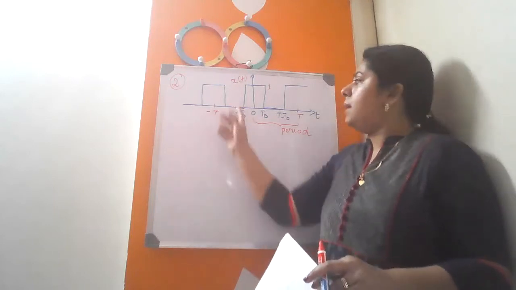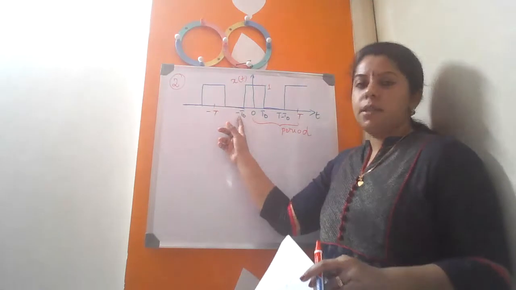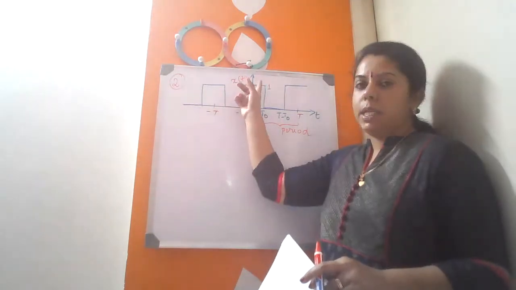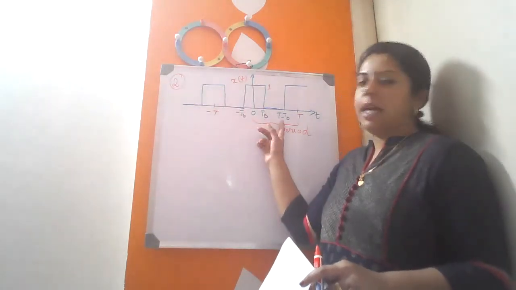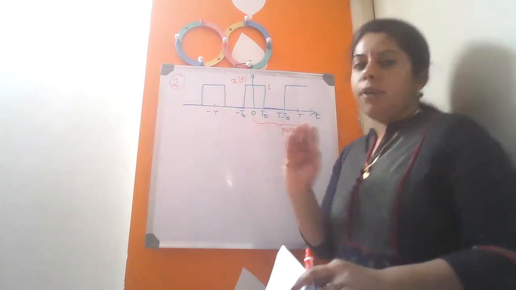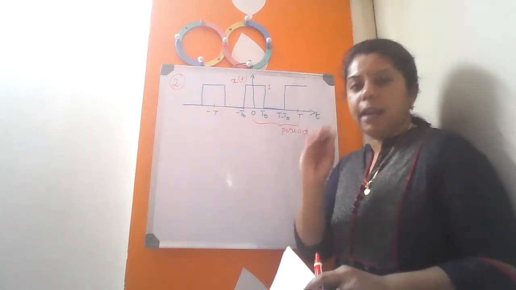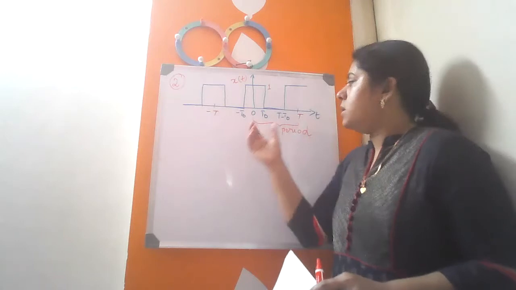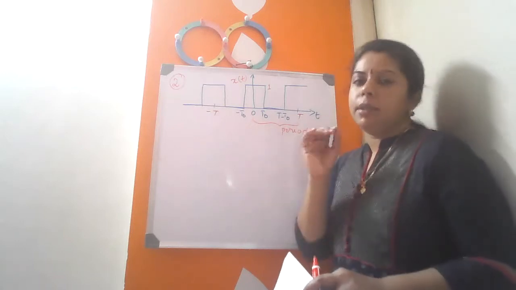You can see that from minus t naught to plus t naught my amplitude is 1, and in the remaining part my amplitude is 0. So the first thing we have to do, if you are given a signal, is find the fundamental time period.